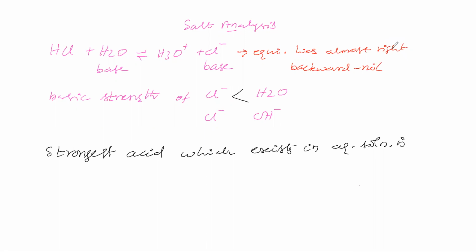What shall we say? Shall we say HCl? HBr? HI, or H2SO4, or HClO4, or HNO3, or H3O plus? Which shall we say? The strongest acid which exists in aqueous solution.